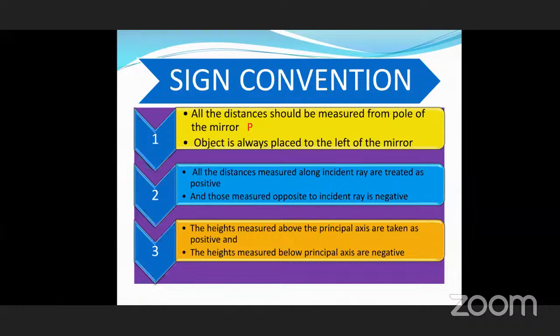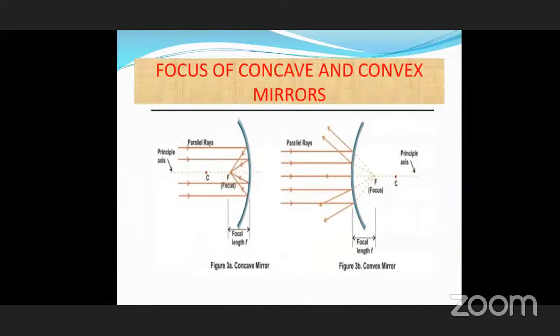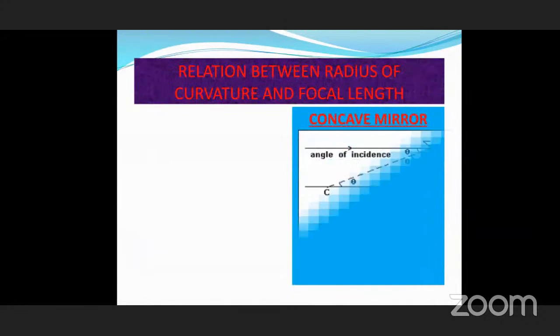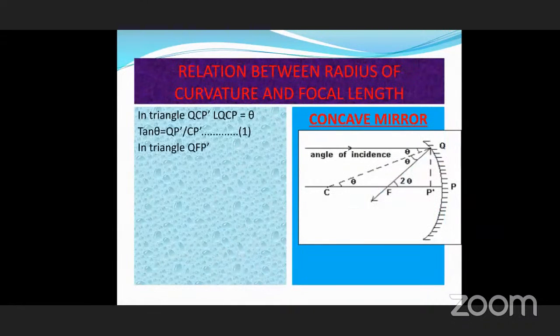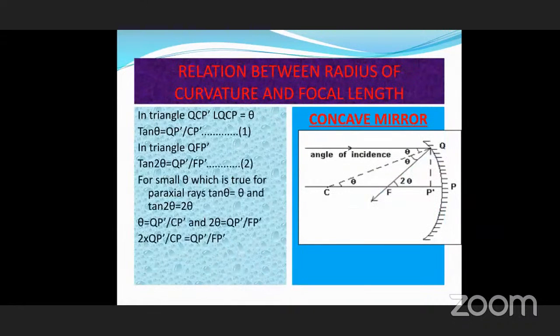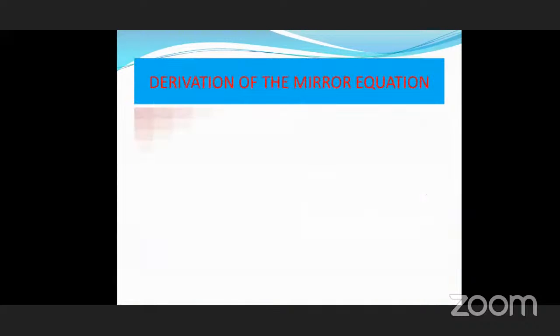Heights above the principal axis are considered positive, and below the principal axis are taken negative. Lastly, we discussed the relation between radius of curvature and focal length. From the final derivation we got 2f = R, or focal length f = R/2.